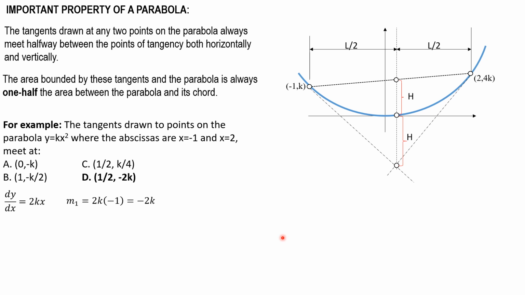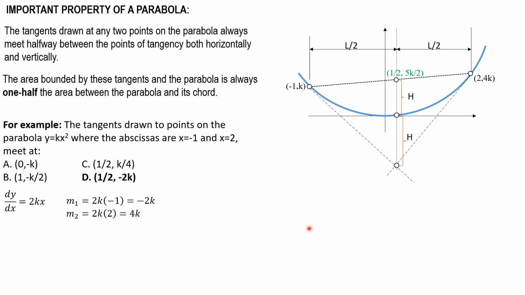By the way, m2 is 2k times 2, so 4k. By the way, this is the midpoint of the line segment joining these 2 points. Midpoint formula is average of the x coordinates. -1 plus 2 is 1 divided by 2, so 1/2. Then k plus 4k, 5k divided by 2, so 5k over 2. So that's at 1/2 comma 5k over 2.